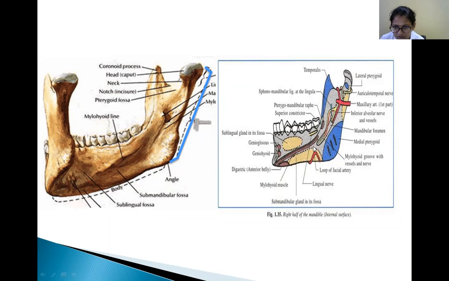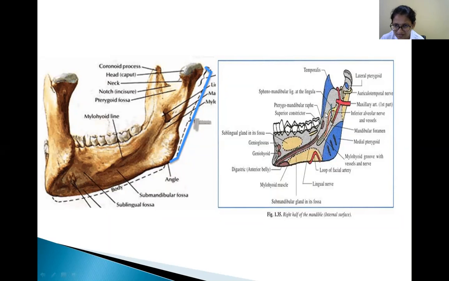And below the posterior part of the mylohyoid line, there is another fossa called the submandibular fossa. In this submandibular fossa, the superficial part of the submandibular salivary gland is present. Along with that, some submandibular lymph nodes are also present here.